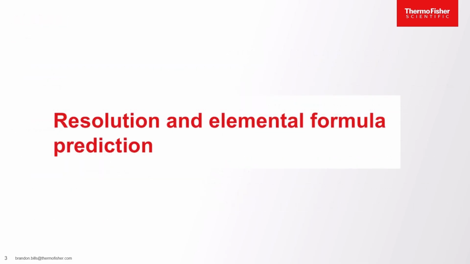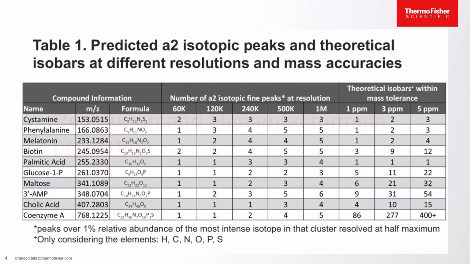So let's start talking about resolution and elemental formula prediction. This first table talks about the number of theoretical isobars within mass tolerance, as well as the number of isotopic fine peaks you can see at different resolutions. Along the left-hand side, we have a number of compounds that we found in NIST 1950 at a range of m/z values from around 150 all the way up to around 750.